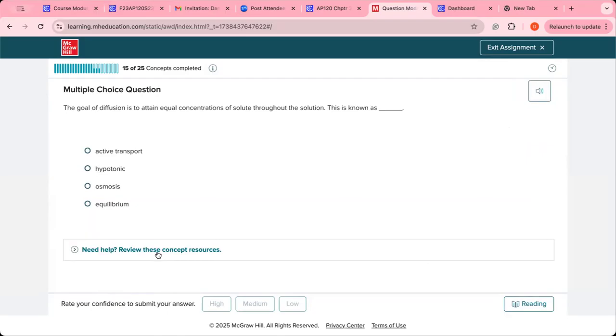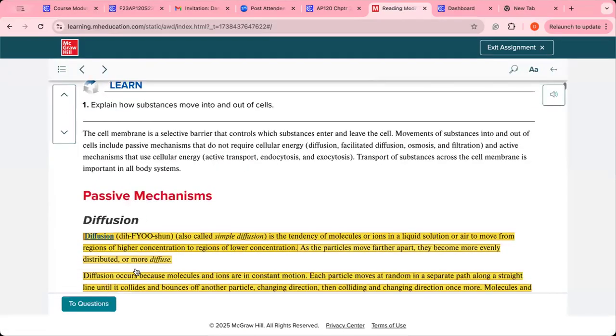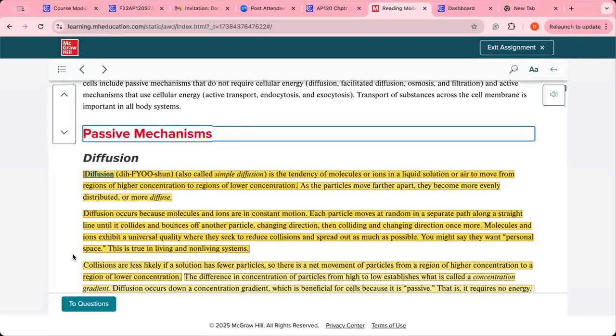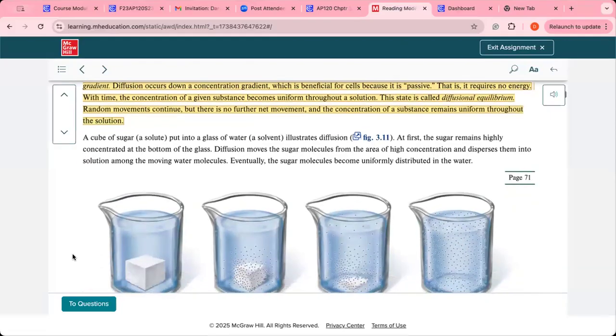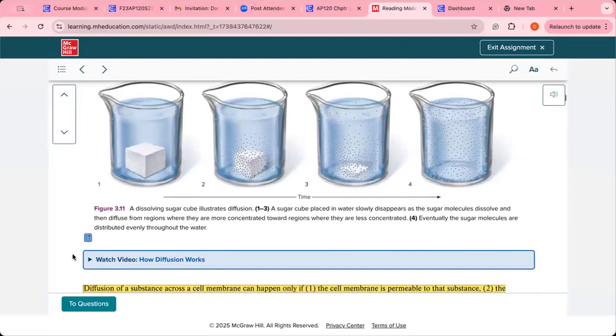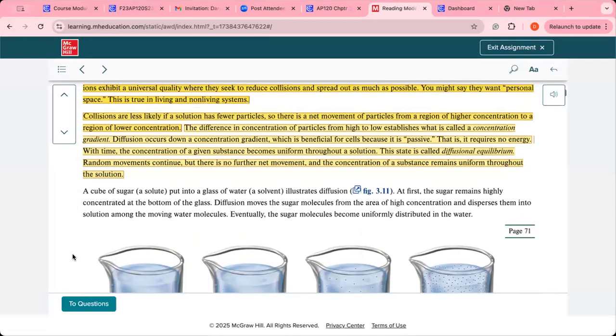Okay, let's keep going. I think go up. I don't think we read the last paragraph. So it says, let's see. That is, it requires no energy. With time, I'm reading toward the middle of that last paragraph.